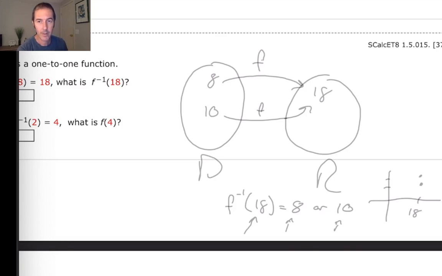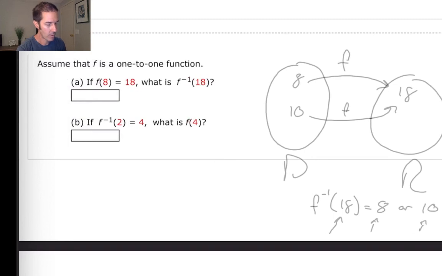And I'm talking about examining f inverse here. However, we were told that f is a one-to-one function, so we don't have to worry about any kind of original duplicate use of the number 8 mapping over to 18, so f inverse is going to map back to the number 8.